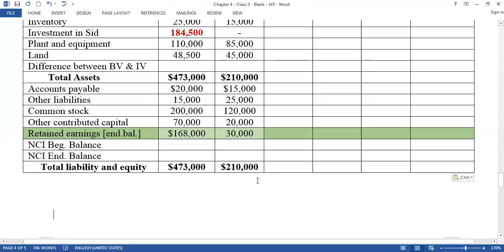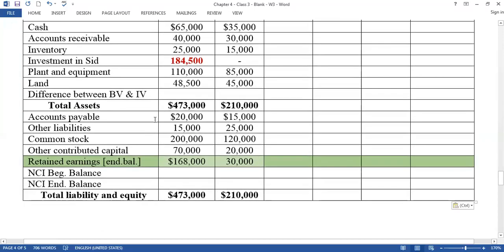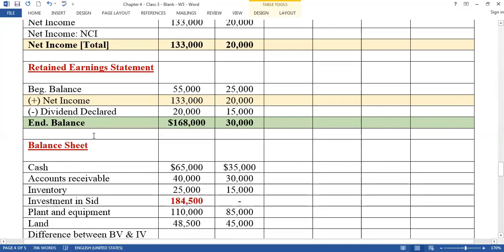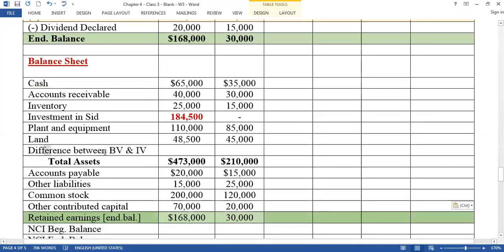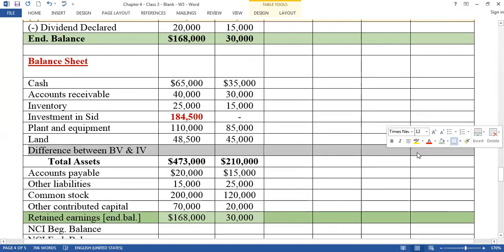To solve the question accurately, look at here. We create two new cells here, and we create another new cell for the difference. Something like this. So this needs your practice to remember how many cells you have to create.